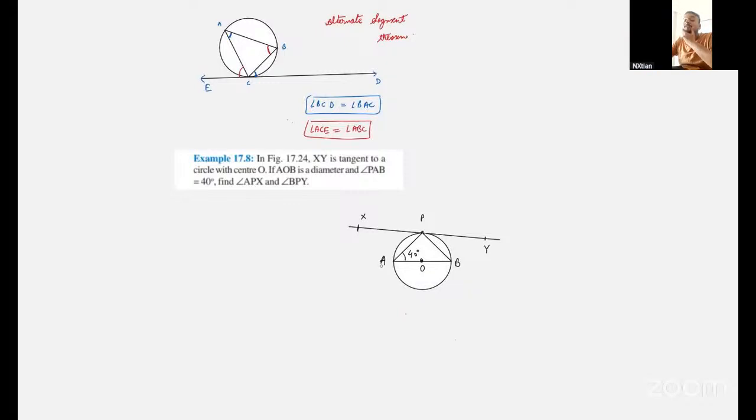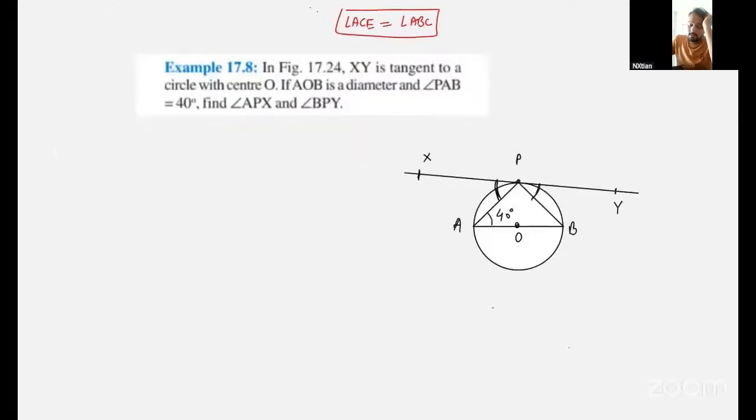Okay, guys. So we have this question. What are they asking? They are asking APX. What is APX? This is APX. And they are asking BPY. So they are asking these two angles.